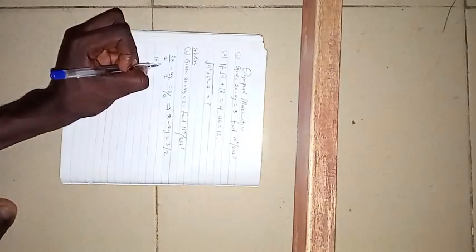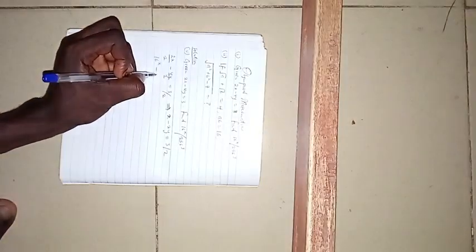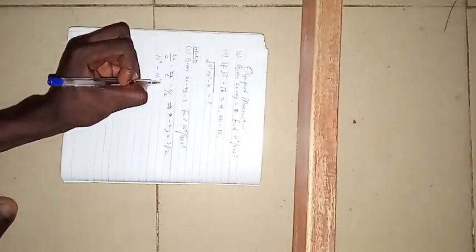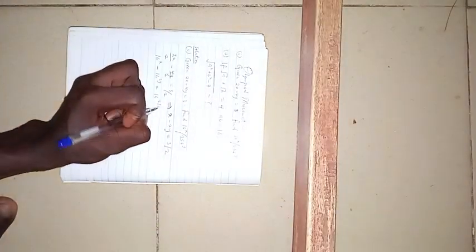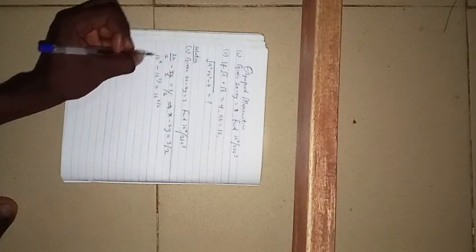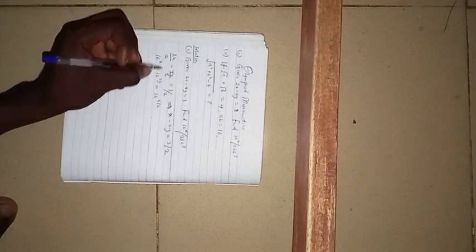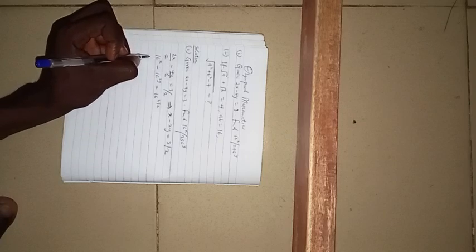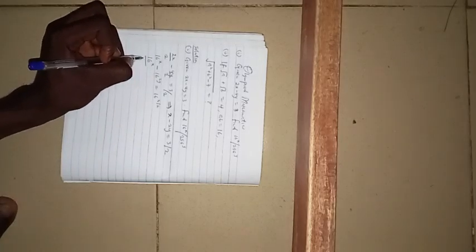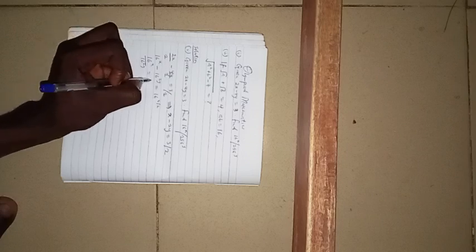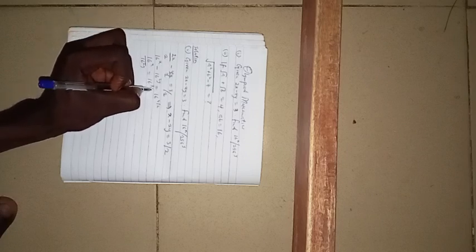Now, making use of the law of indices, I can say this is 16 to the power of x divided by 16 to the power of 2y equals 16 to the power of 3 over 2.